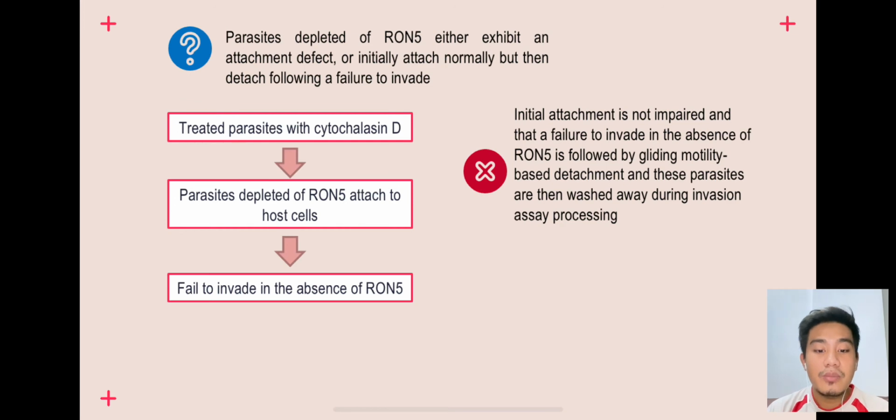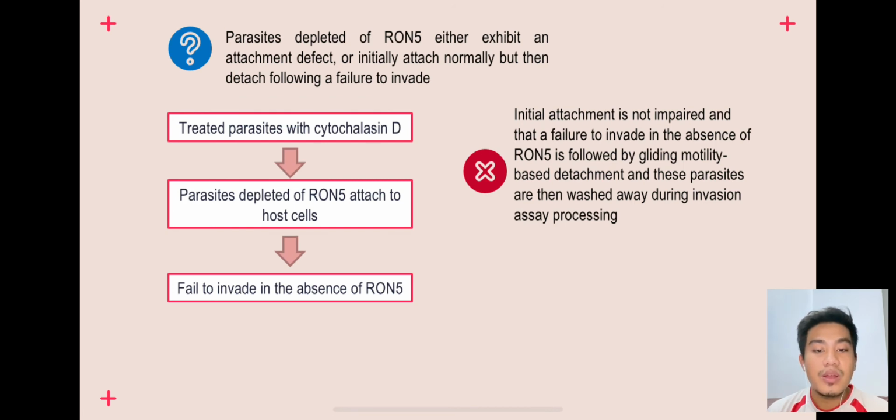So by inhibiting actin polymerization and impairing gliding motility, cytochalasin D was used to stop the invasion process shortly after apical reorientation but before penetration. Parasites depleted of RON5 were shown to attach to host cells with the same effectiveness as untreated or parental line parasites under similar conditions.